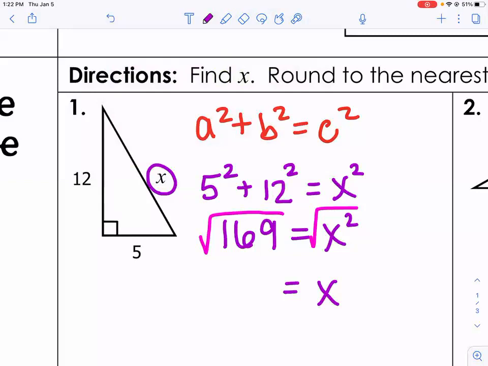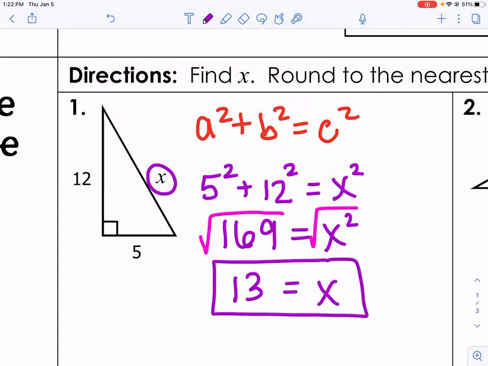Okay, you have to punch in second, square root, then 169. You get 13.